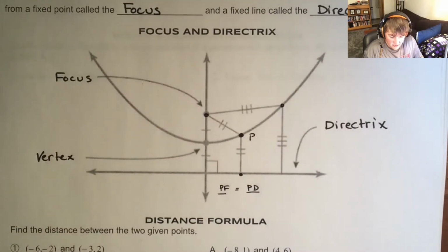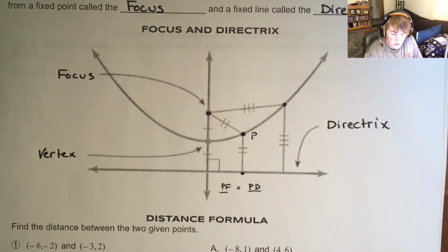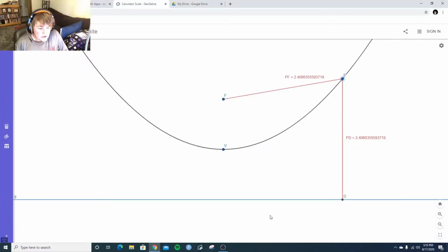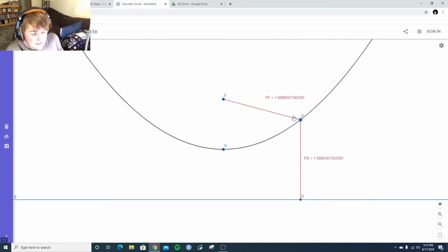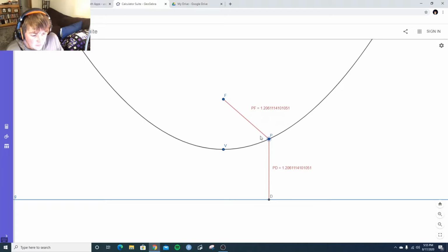So what I have done here is I have created a little visual for us to see how this looks. Here V is my vertex. We should already be familiar with the vertex of a parabola. Here F is my focus. This blue line is my directrix. Now as I move my random point P, as you can see, the distance from P to the focus, PF, is 1.206.